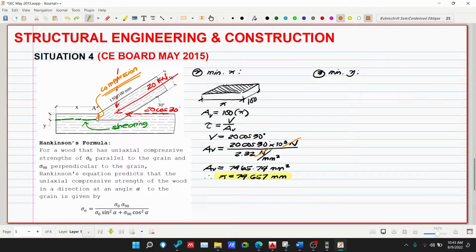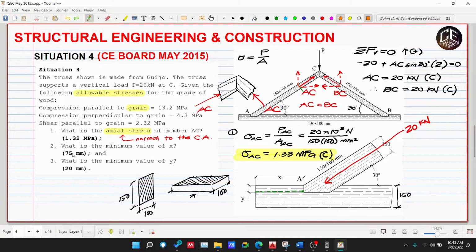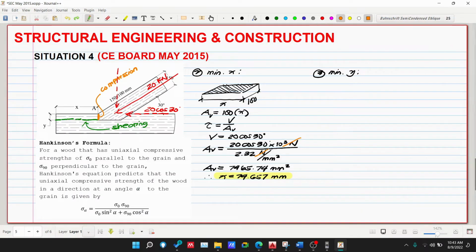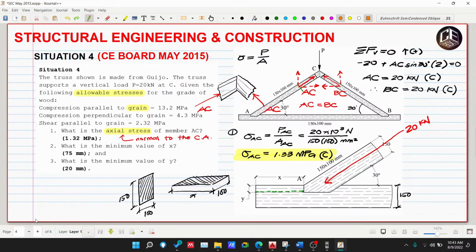Eh kaso, ang given lang kasi natin dito is compression parallel to grain and compression perpendicular to grain. Hindi natin pwedeng gamitin itong shear, kasi mapapansin natin, yung ating Y, or yung area na to na involve yung Y, is under sa compressive stress. So, dun lang tayo sa dalawa.